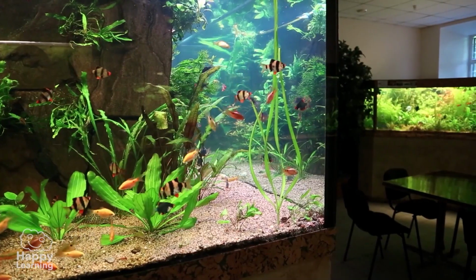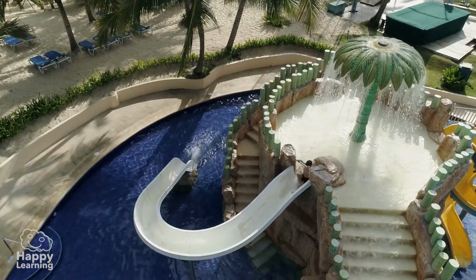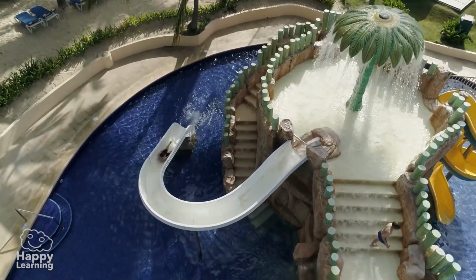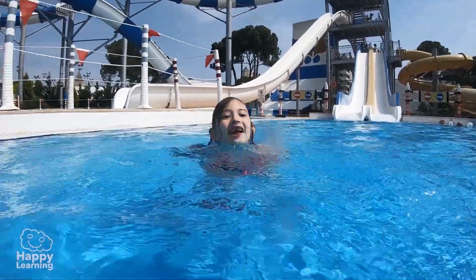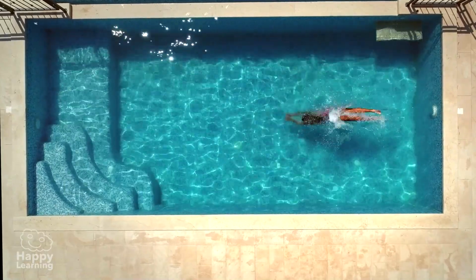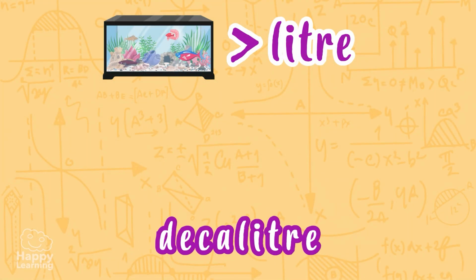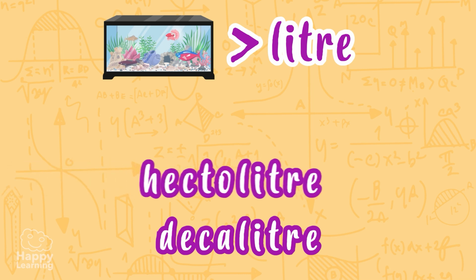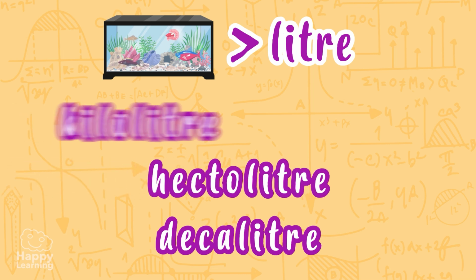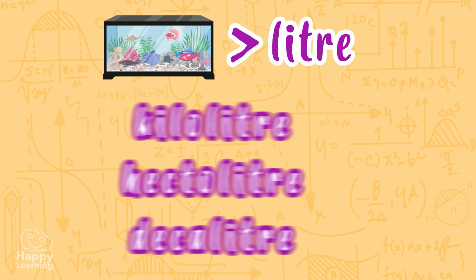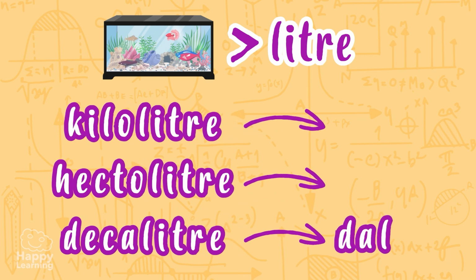Such as this fish tank or this pool. In this case, we use other measurements bigger than the liter. They are the decaliter, hectoliter, and kiloliter. And they are represented like this: DAL, HL, KL.